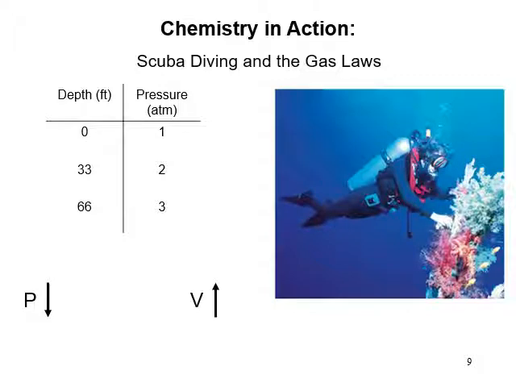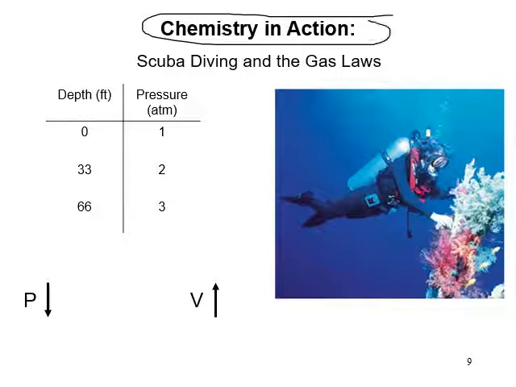As far as scuba diving is concerned, your book has a Chemistry in Action that talks about pressure and volume, and that if we increase pressure, we decrease the volume and vice versa. When you scuba dive and your body is going under, the pressure is increasing on your body.